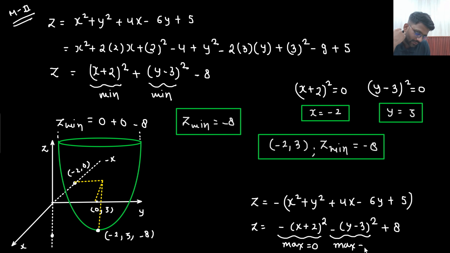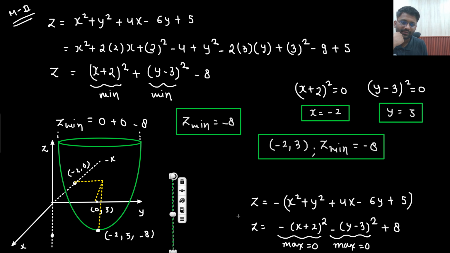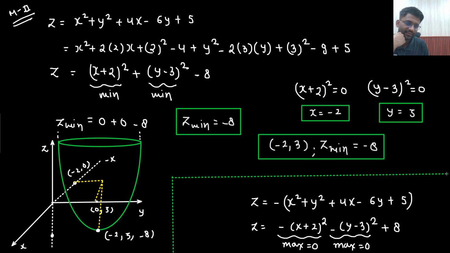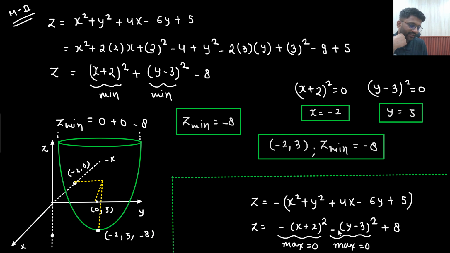Maximum value of this will also be 0. So what will be the z max you will be getting if this is the new question? Here for z max, I am taking the negative sign also in action, because minus (y minus 3) whole square could get a maximum value of 0. So z maximum would be nothing but 0 plus 0 plus 8. So the maximum value of z would be 8, right?